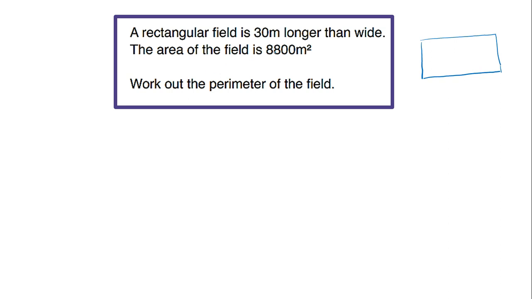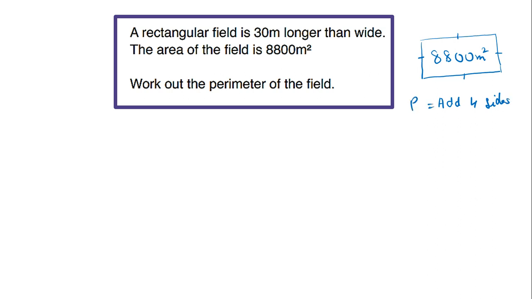Now, the area of this field is 8,800 meter square, and it says work out the perimeter of the field, right? Perimeter is basically you add up all the four sides, and that gives you the perimeter.